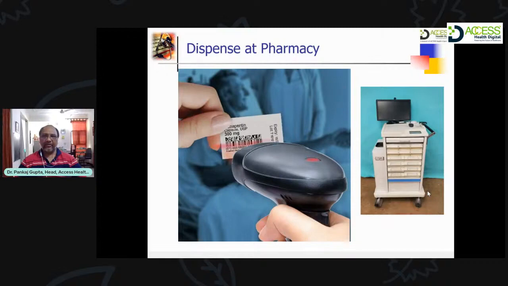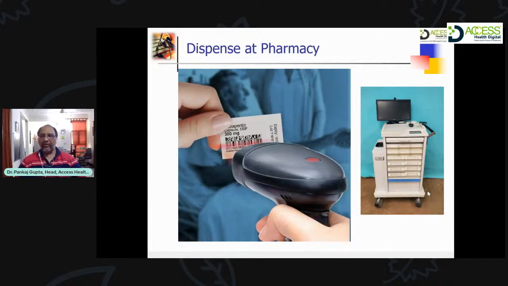So at this stage, the pharmacist is making sure that he or she is dispensing whatever medicine was ordered by the physician, and the system knows that it is the same drug.